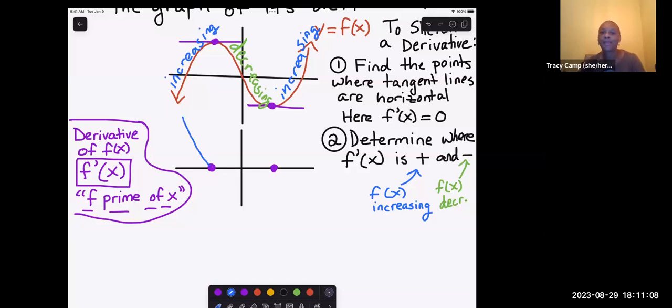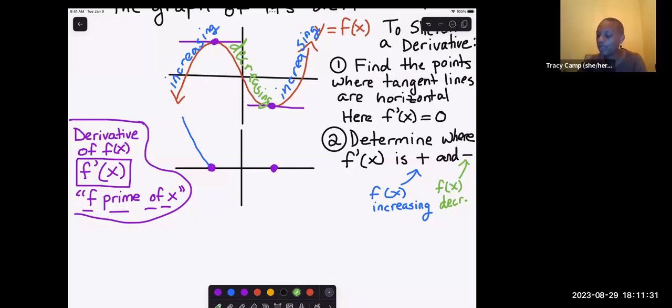Those 2 points that I marked in purple on the x-axis, where I had my derivative equals 0, I have to go through those points. So I made sure that what I drew is touching that point. After that, my function's decreasing.